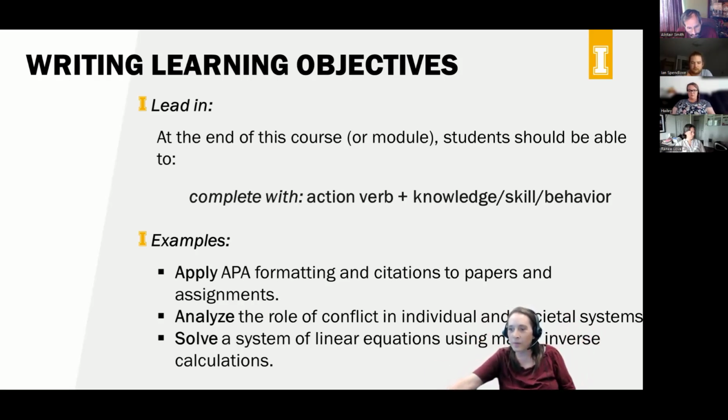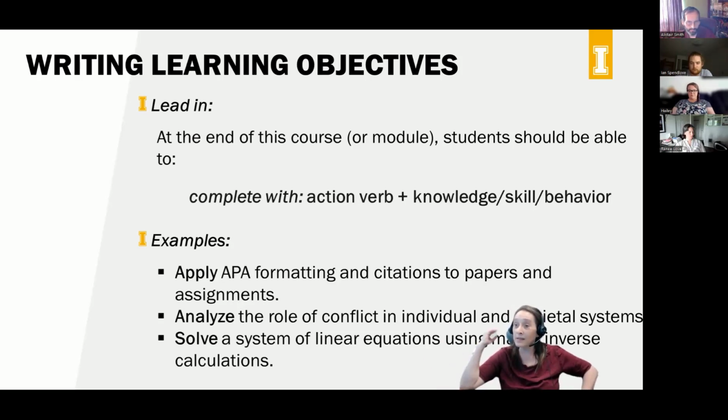Apply APA formatting and citations to papers and assignments. If it was just apply APA formatting and citations, period. To what? Now that would be very broad, but it became broad and specific by adding to what? To papers and assignments.